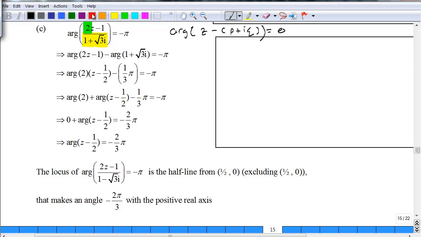Which property is it? Implementing the properties of argument, you will be able to arrive at this standard form.